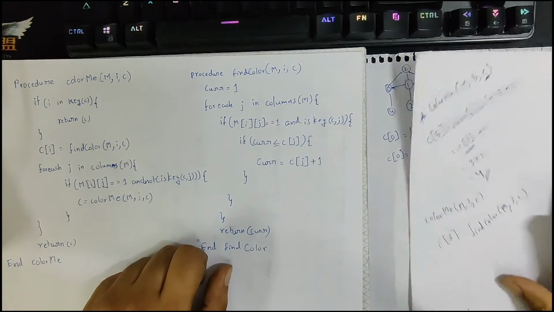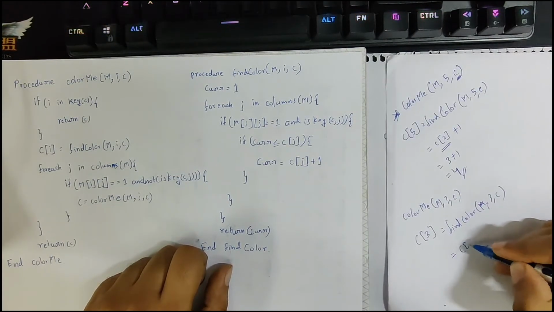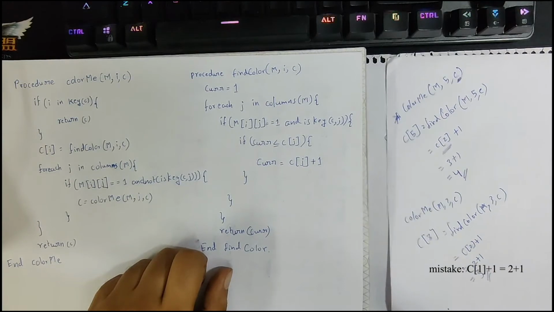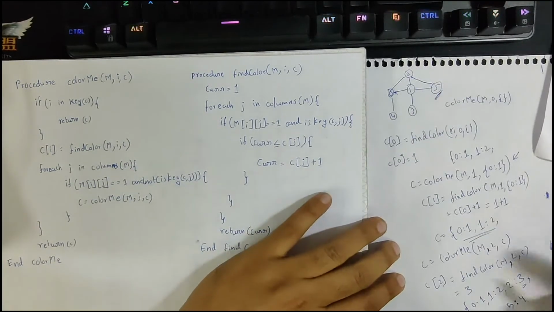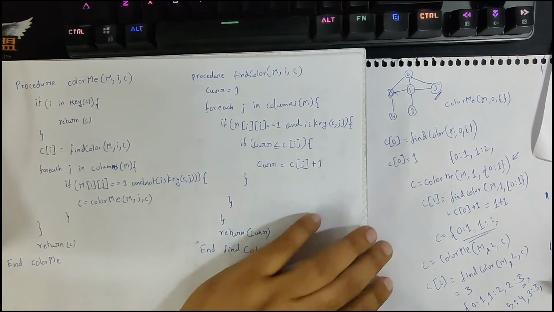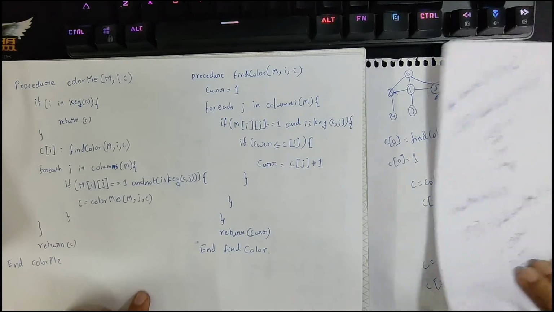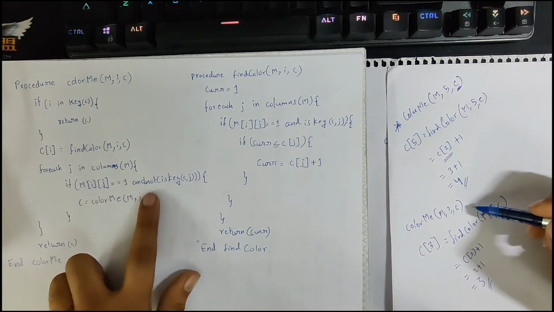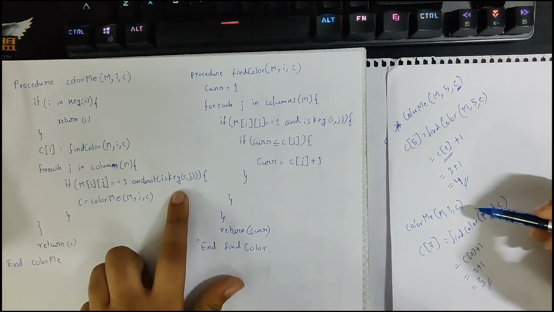So C of 3 will be C of 2 plus 1, that is equal to 2 plus 1, 3. So we added one more element to our dictionary. 3 is 3. So in this recursion step, color me of 3, C, there are no more edges which are not keys in this dictionary.